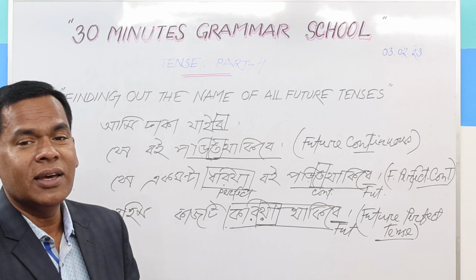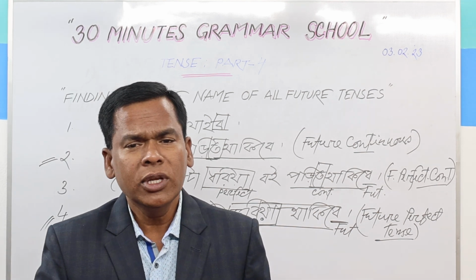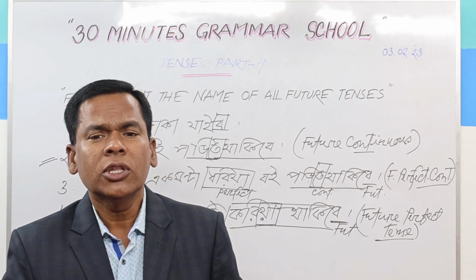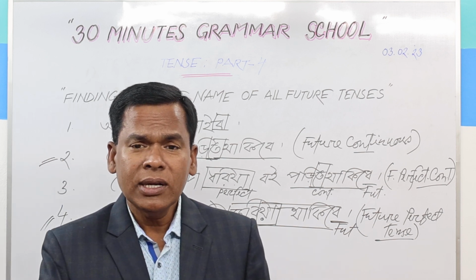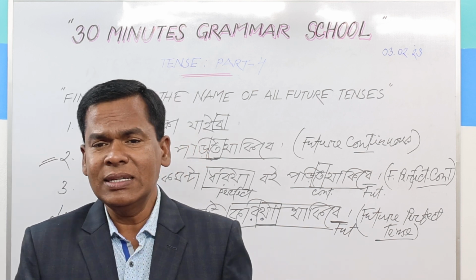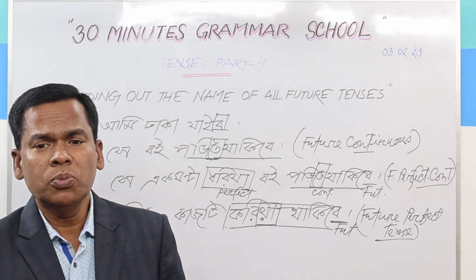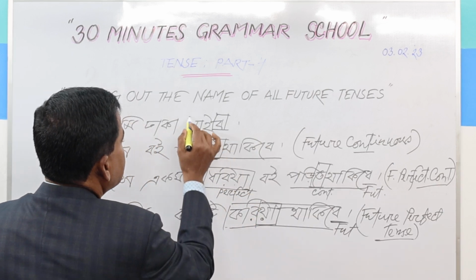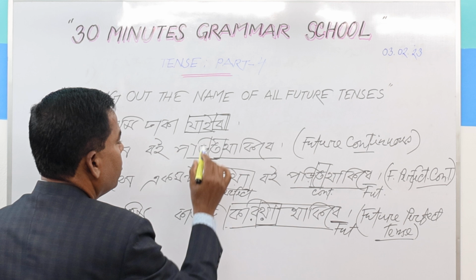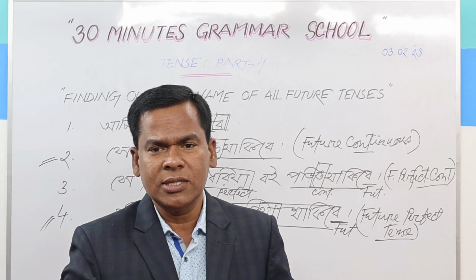Because the verb here is jaibo, and in the verb we are not finding the mention of toy karete. To be a continuous sentence, of course, the Bangla letter te should be in the verb. Look here, this is the verb, and in this verb we are not finding the use of toy karete. That's why it is not continuous tense.